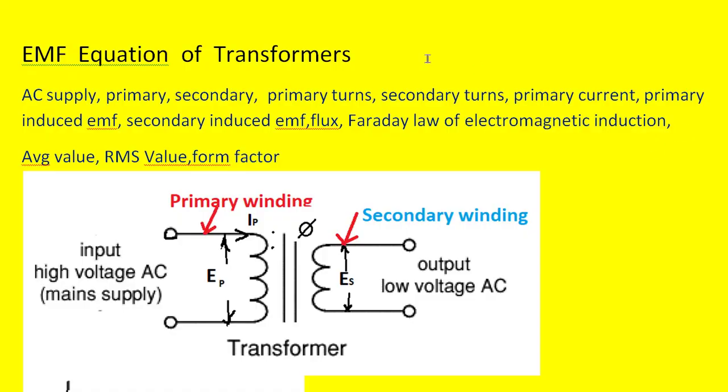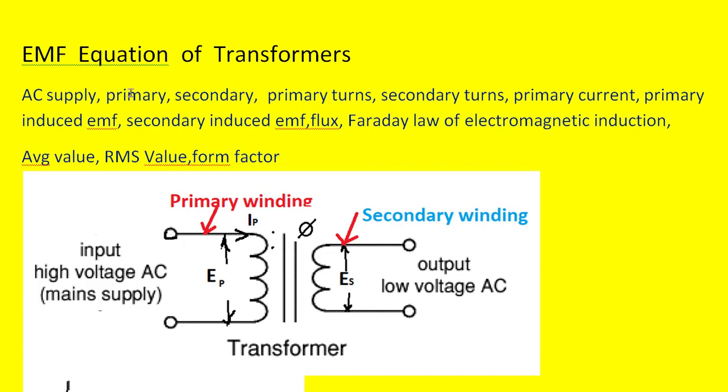Hello friends, today I will discuss the EMF equation of transformer derivation. Before we discuss this, let me introduce some of the terms which are going to be used here.